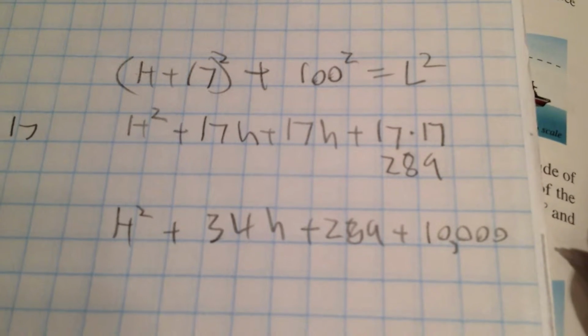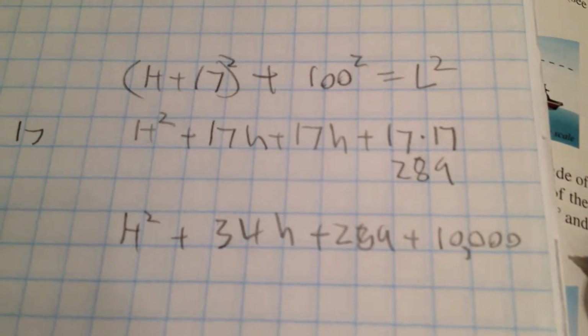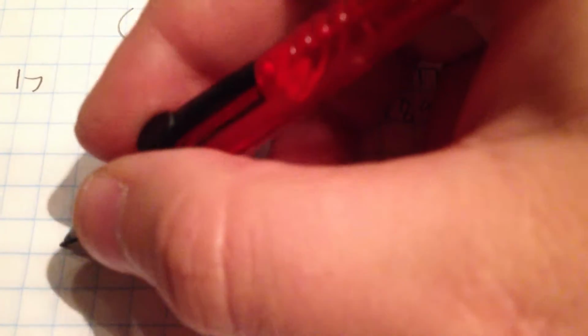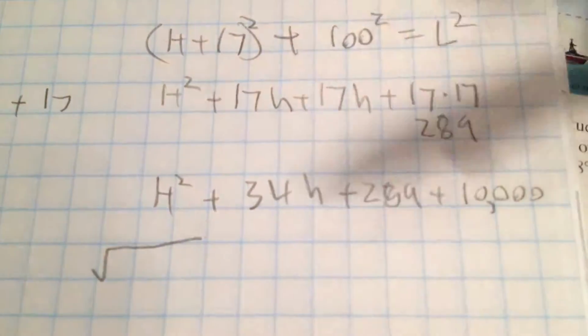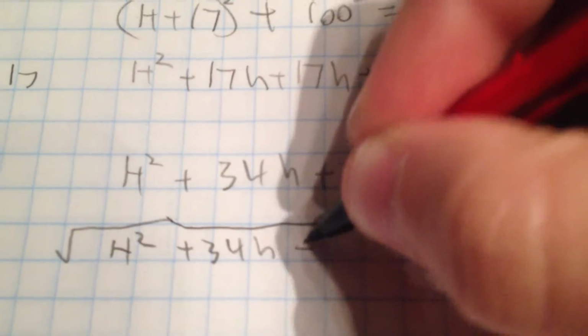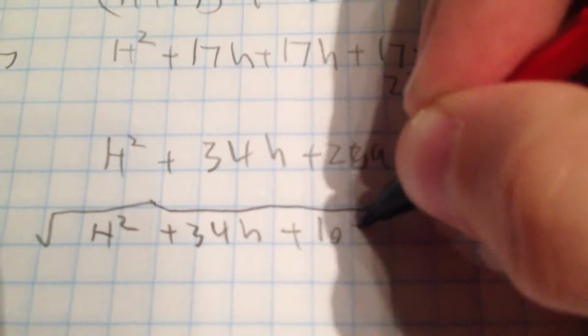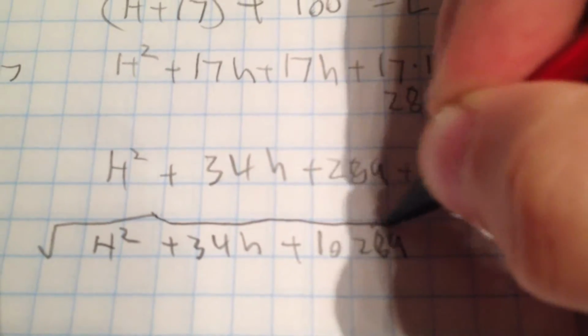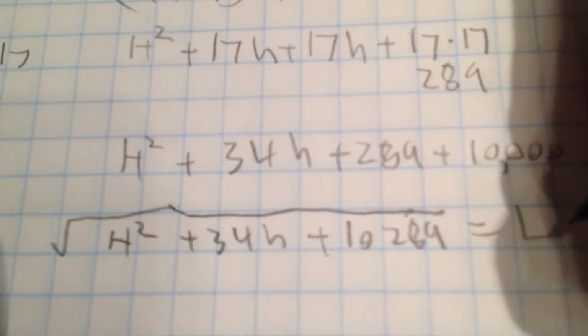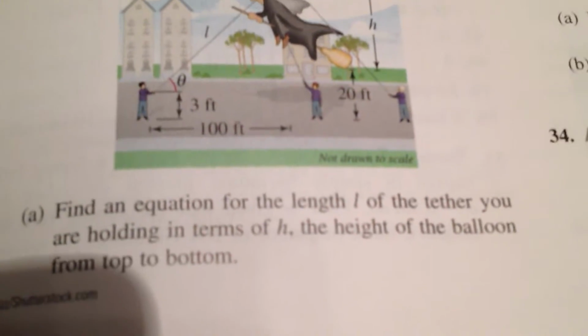So what that means is we're going to put all of that under a square root. So, square root, whoop, broke my lead, square root of h squared plus 34h plus 10,289 equals L. And that is, as it says, L in terms of H.